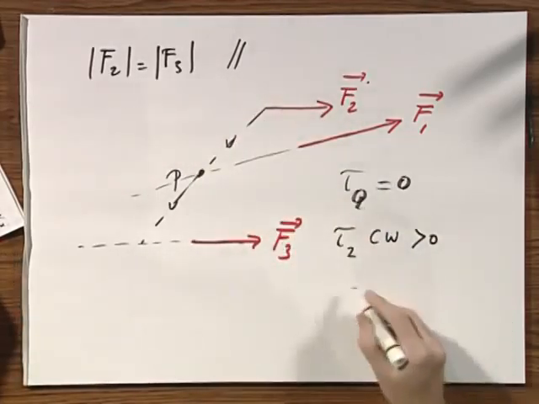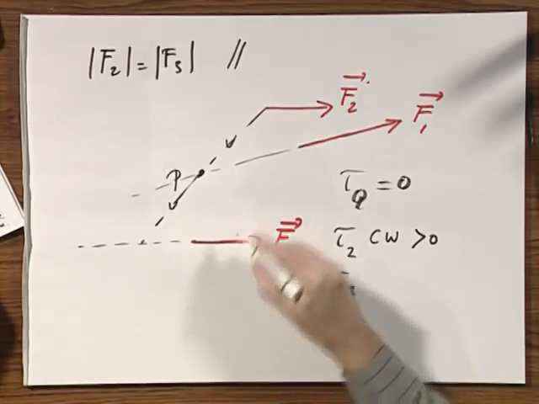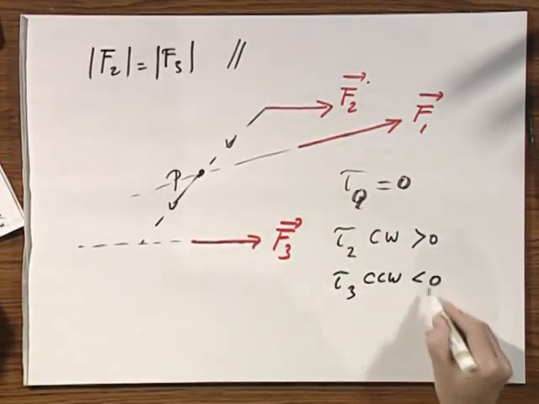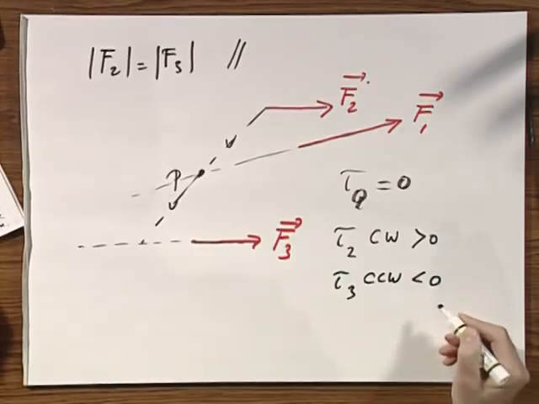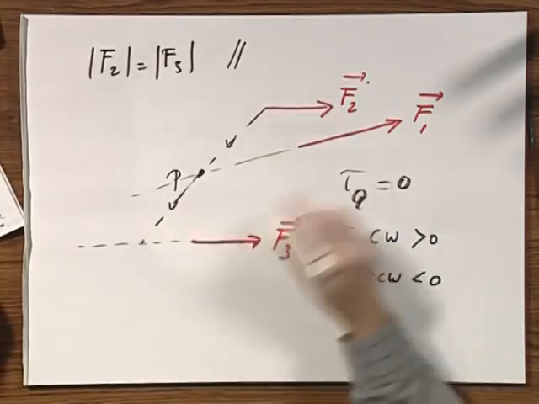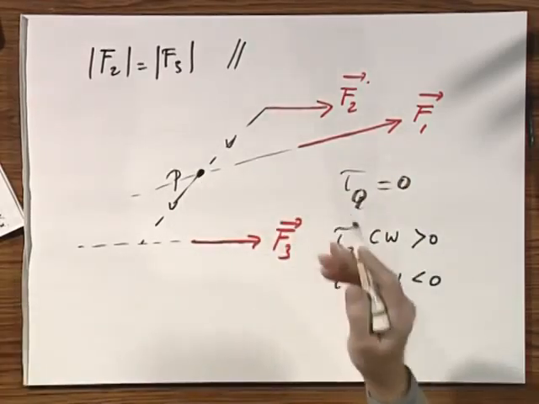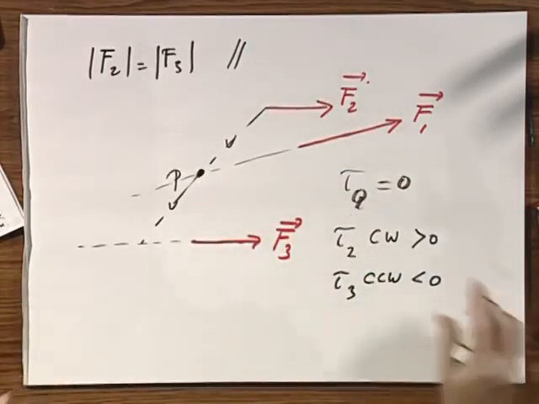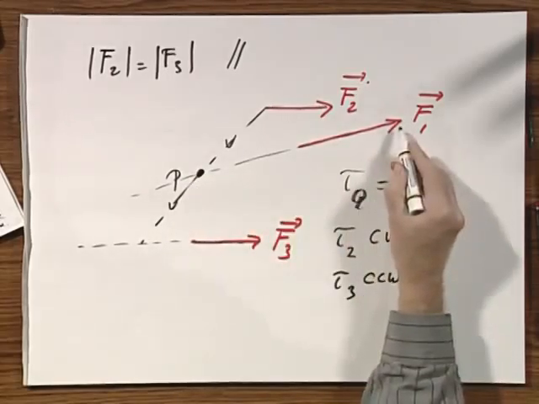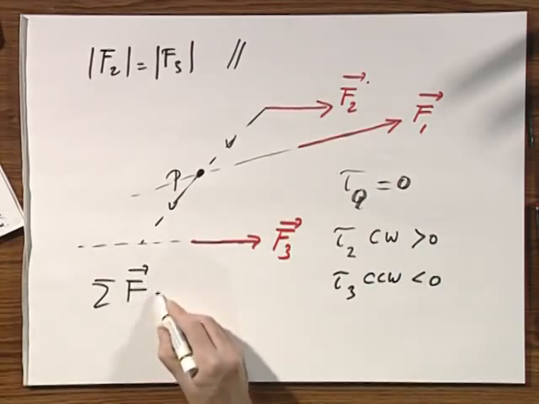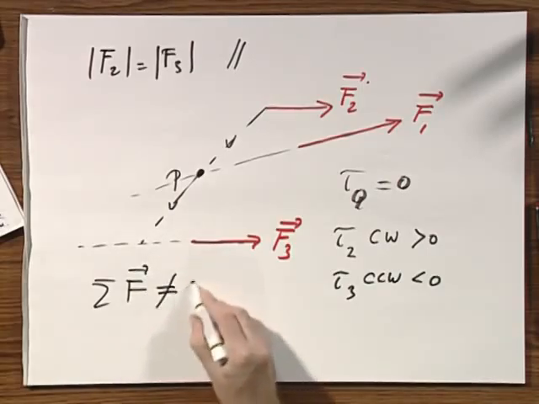Then you can immediately see that τ3, if F3 and F2 have the same magnitude, is a counterclockwise rotation. It is negative, the torque, and the two cancel each other. And F1 goes straight through P, so r perpendicular is 0, so clearly there is no contribution to the torque due to F1. I want you to notice, though, that the sum of all forces is not 0.